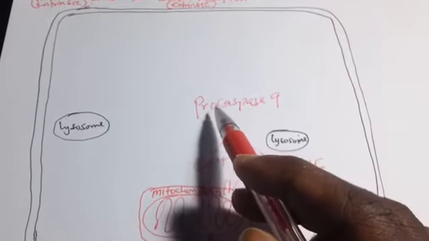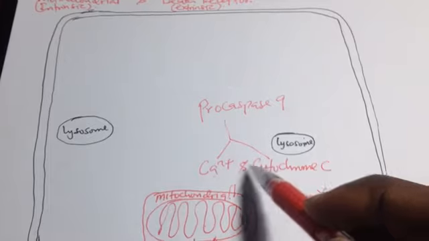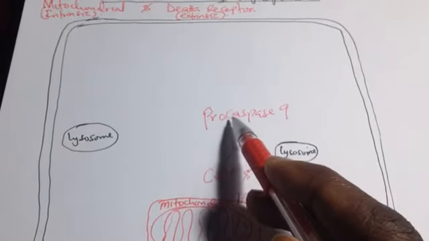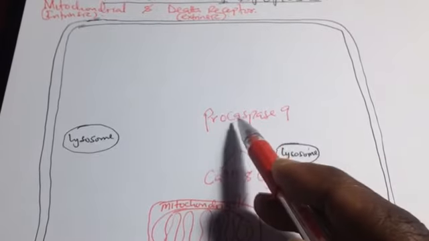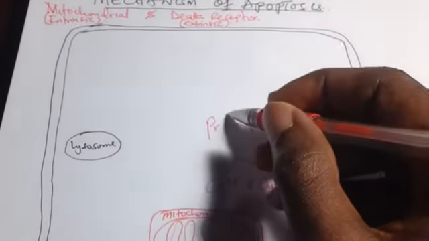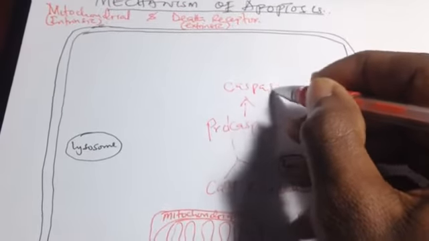Any protein you hear with the name pro-something means it is inactive. So this cytochrome C and calcium will activate procaspase 9 and make it into the active form, caspase 9. The pro will be removed.